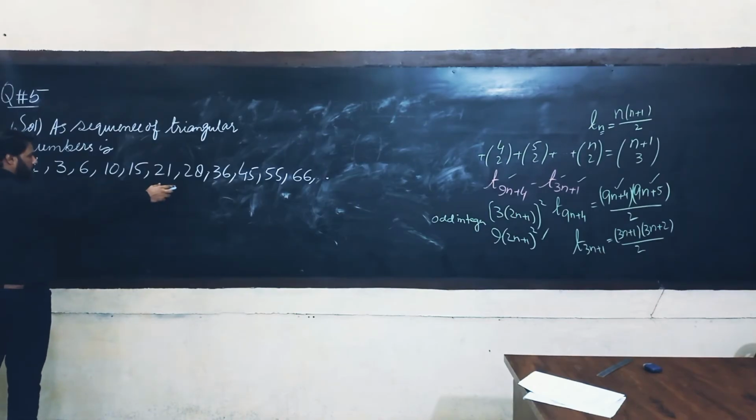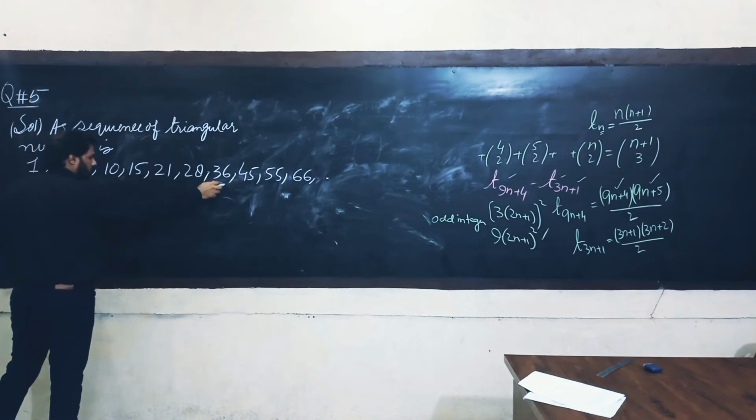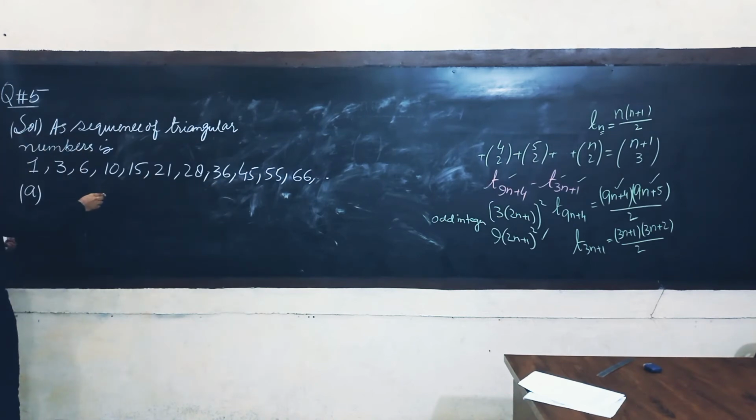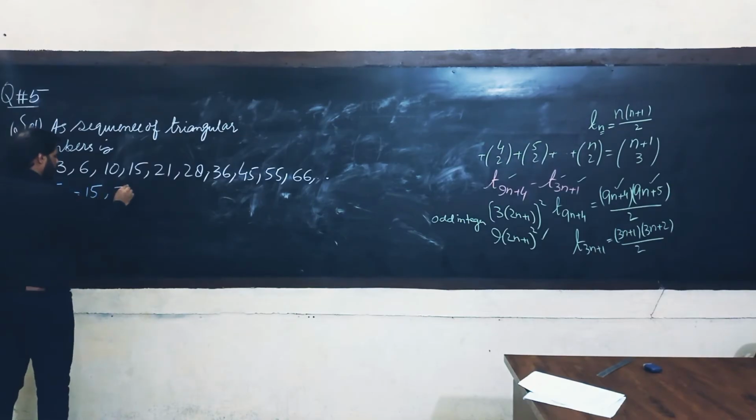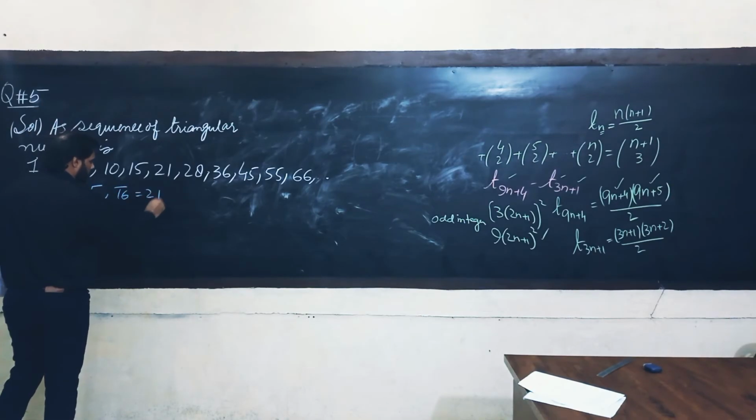That is, find the two numbers among these such that whenever you sum them, the result is among these numbers. So these are the fifth number T5, which is equal to 15, and the next one T6, which is equal to 21.